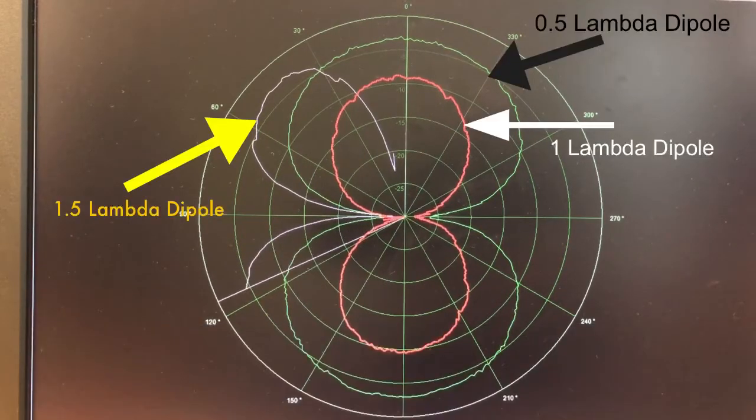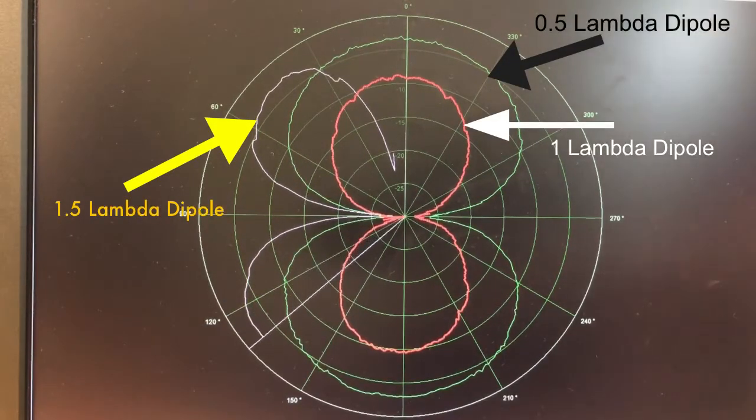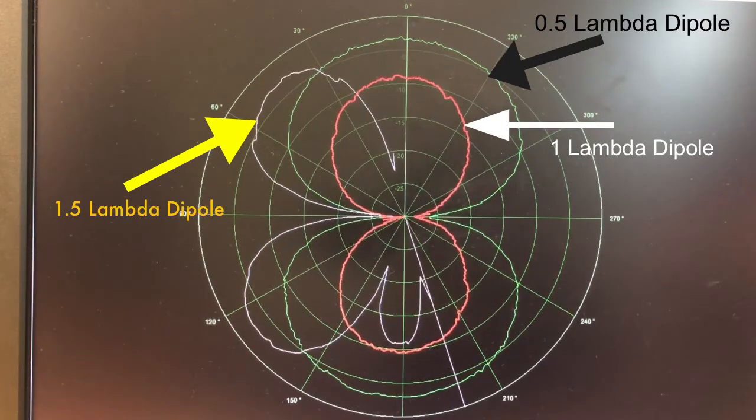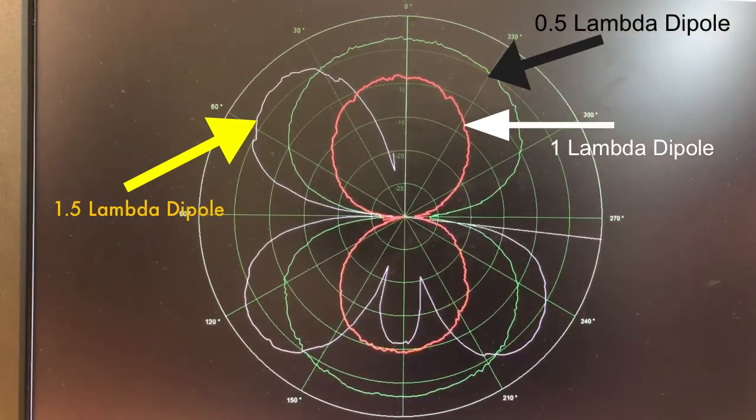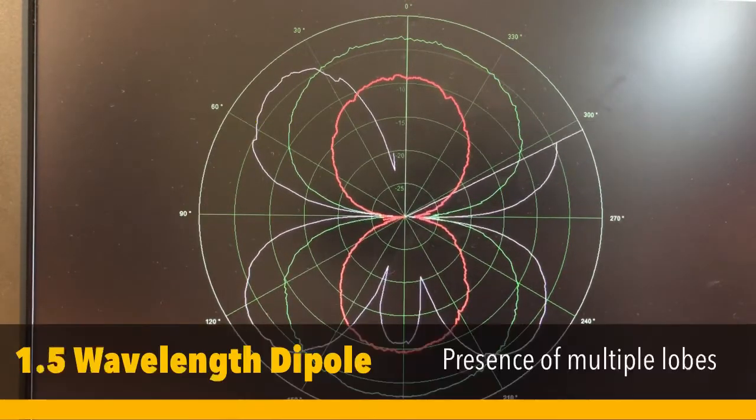And the pattern is, of course, because of the structure of the dipole, supposed to be symmetric. So we get a similar lobe. And that is the lobe that we used to have for a smaller length dipole. But you see these new lobes appear. The main reason for that is that as soon as you go beyond one wavelength, you start having out of phase current.